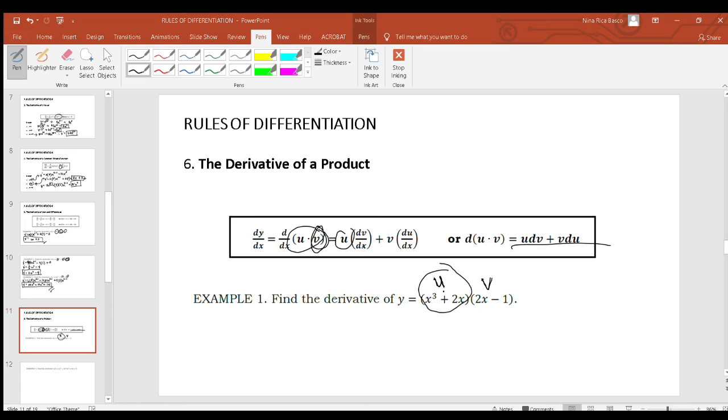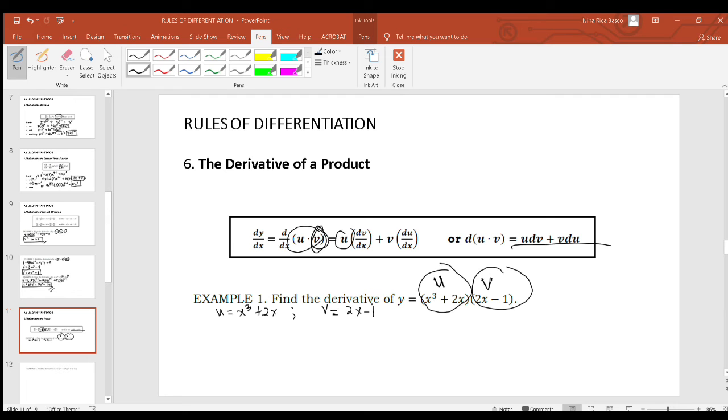Ayan. Yung u natin is x cubed plus 2x. Yung v naman natin is 2x minus 1. Okay, i-rewrite ko. U is equals to x cubed plus 2x while yung v natin is 2x minus 1.